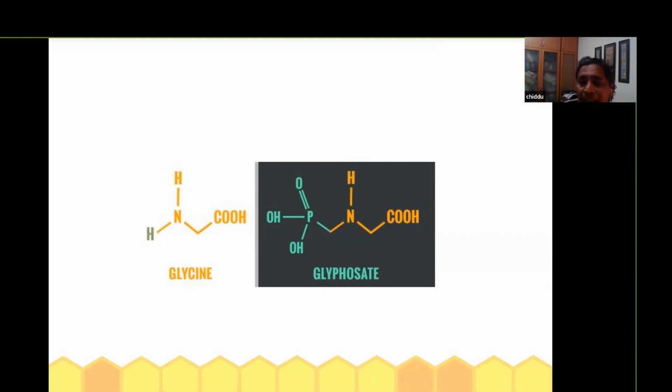In the same way, glycine is basically a basic amino acid. It is used to build many other proteins and many other complex physiological chemicals.